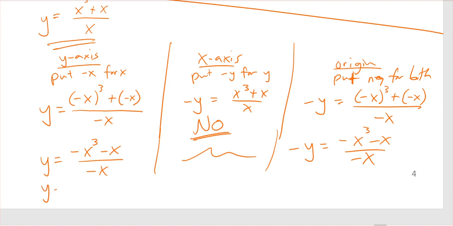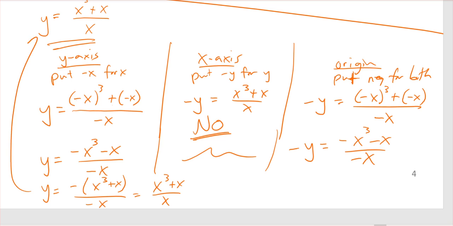So if we factor out a negative 1 out of the top, then our negatives cancel out, right? Our negative cancels out with that negative, so we just have x cubed plus x over x. And we look back to what we had to start with, and we say it's the same. So we say, yes, it does have y-axis symmetry.